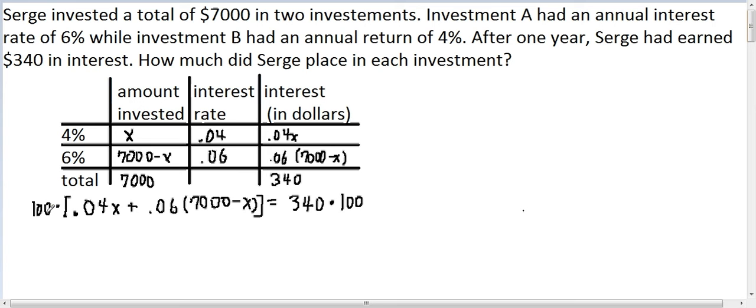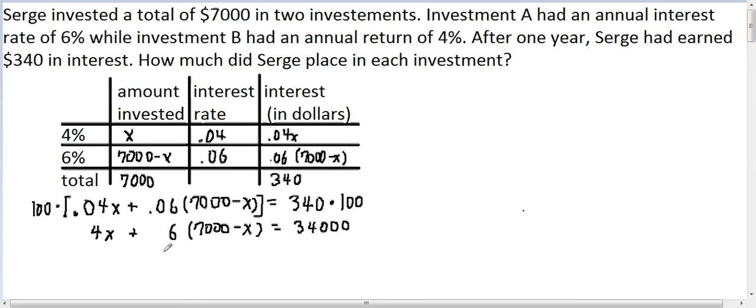We can distribute the 100 to the first term 0.04x, which gives us 4x, and to the other term 0.06 multiplied by 7,000 minus x. 0.06 multiplied by 100 is 6, and this is equal to 340 times 100, which is 34,000.